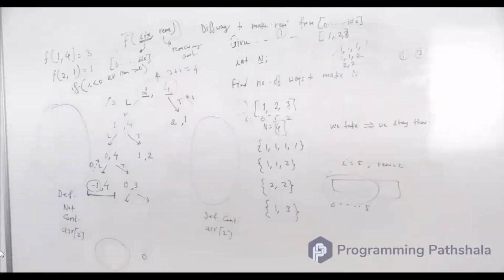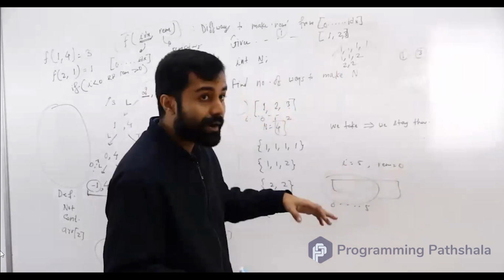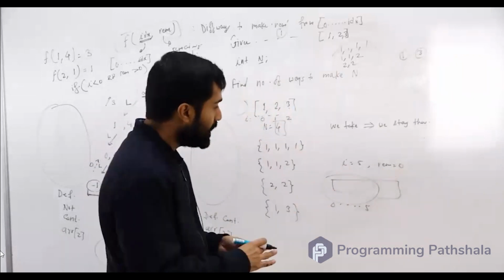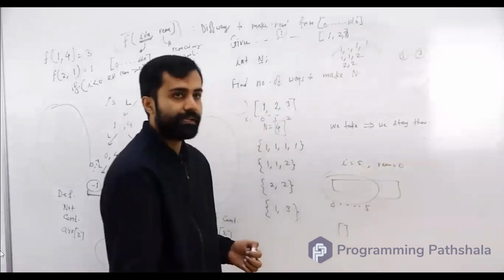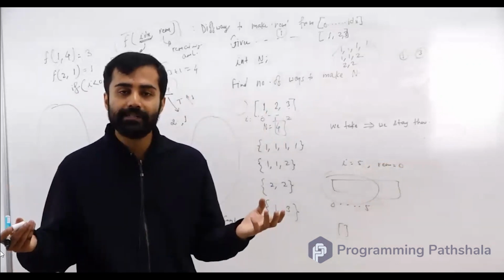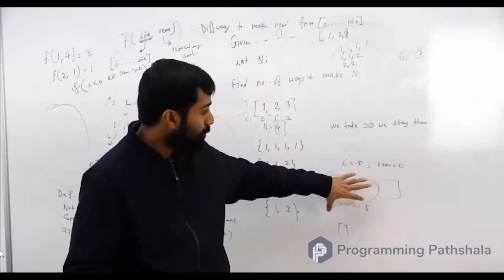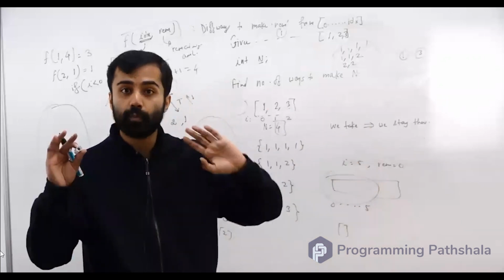How many different ways can you make 0 rupees? 0 is not the right answer. Your answer should be 1, because if you want to make 0 rupees, no matter what denomination you have or not have, you can always create an empty combination, and there is only one empty combination. So I can say, if my remaining amount is 0, I'll directly return 1.